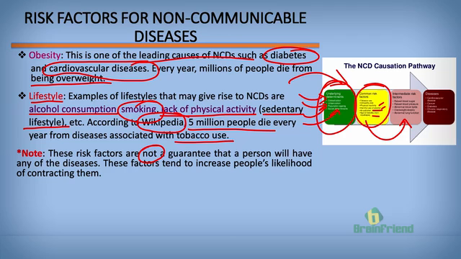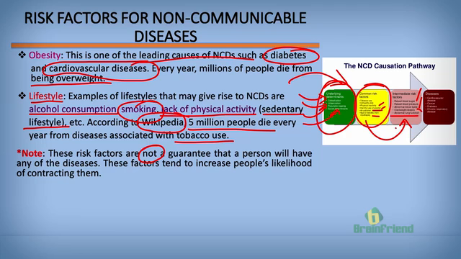What this means is that these risk factors will now work against our bodies to give rise to some silent issues in the body, such as raised blood sugar, raised blood pressure, abnormal blood lipids, overweight or obesity, and abnormal lung functions.